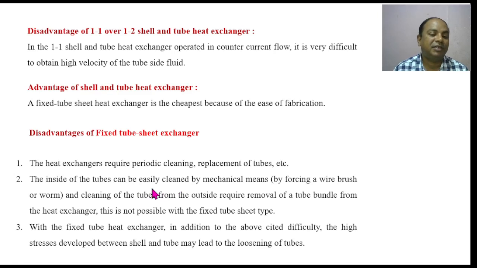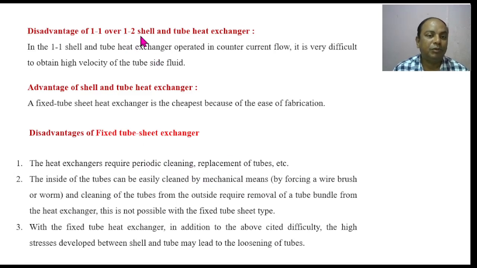If each of the accessories is not fixed and is separable, then mechanical cleaning of the tube sheets or tube bundles can be done.